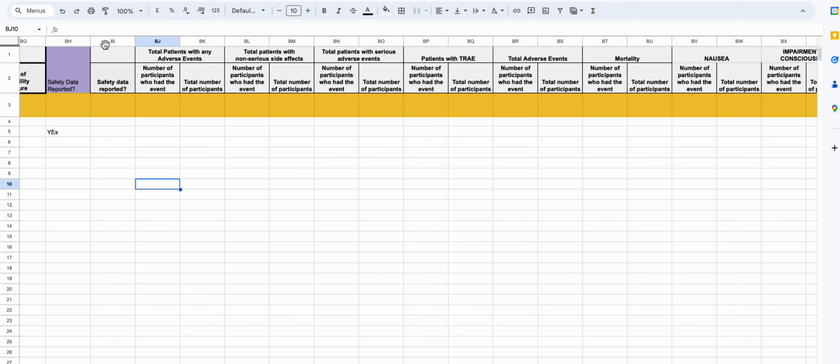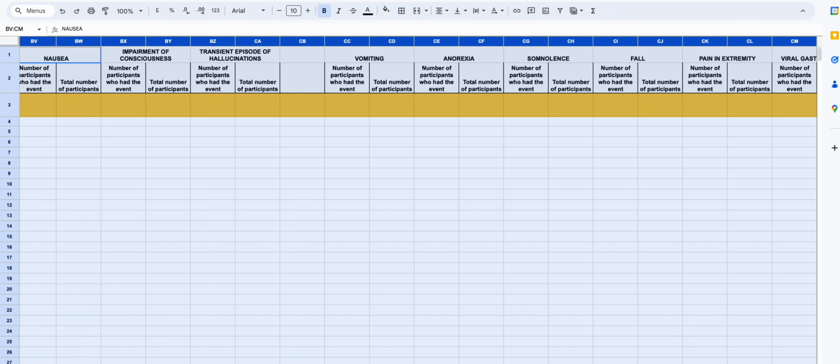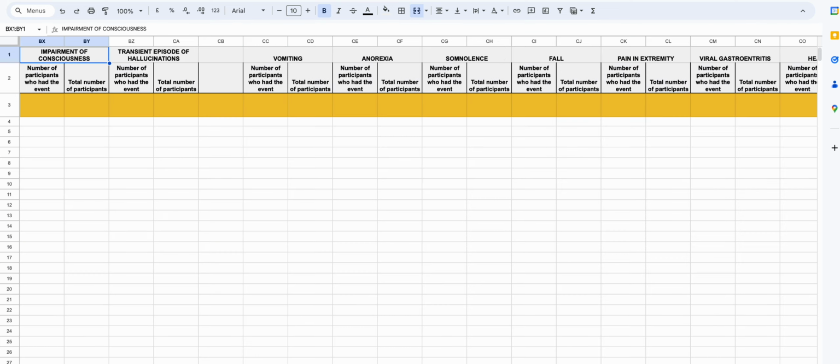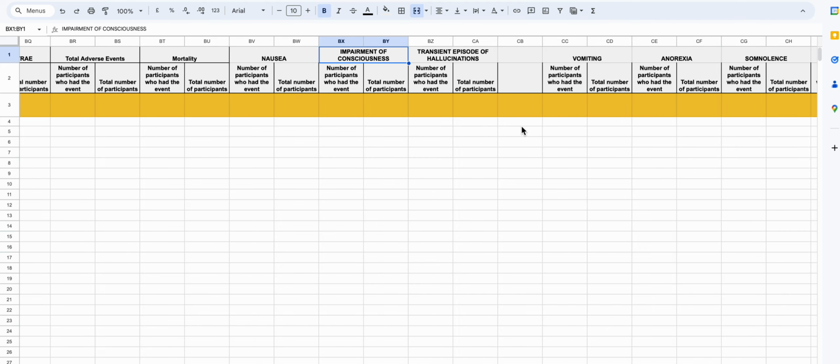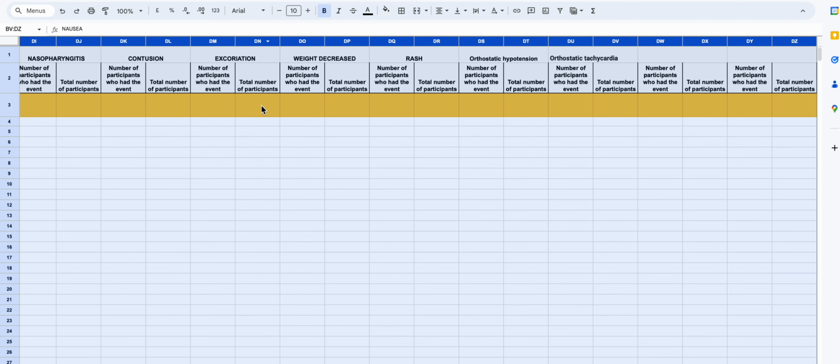From column BI to BU, we would have to only include these. I would just delete these columns. This is not actually needed, because we would be only concentrating upon the major adverse events.